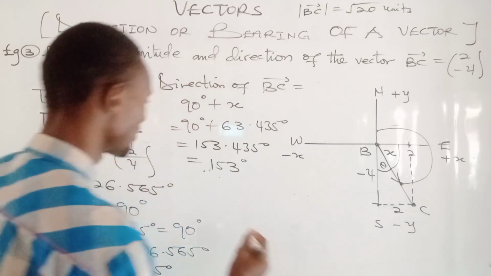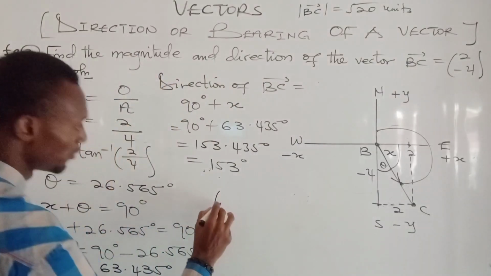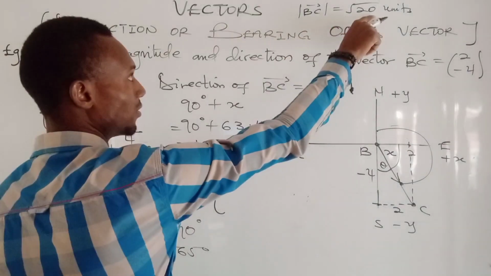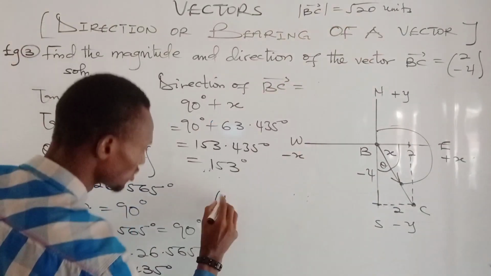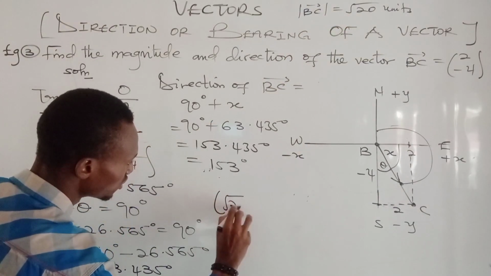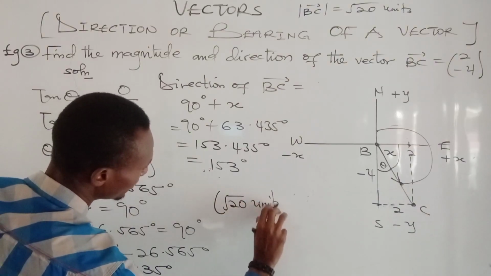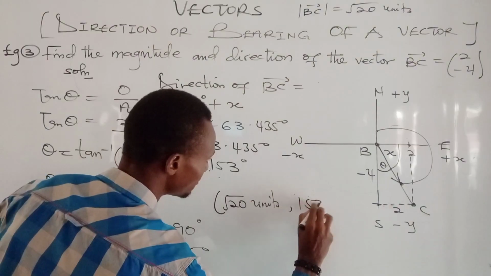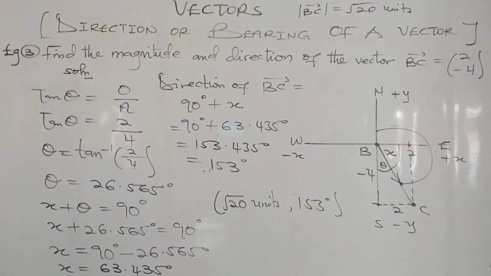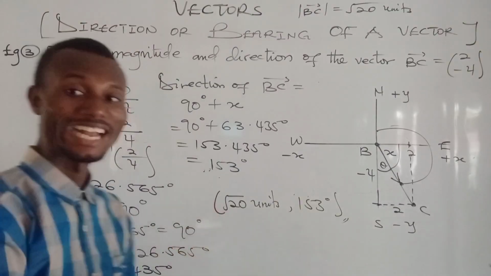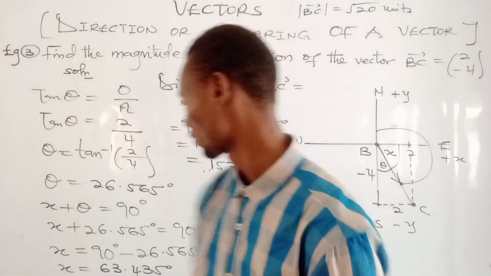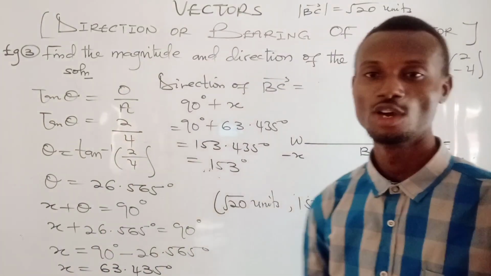So bring your bracket and start with the magnitude that you found, which is the square root of 20 units, then a comma, then your 153 degrees. So this becomes your final answer for the magnitude and direction of the vector BC. You put it in a bracket like this and you are done.